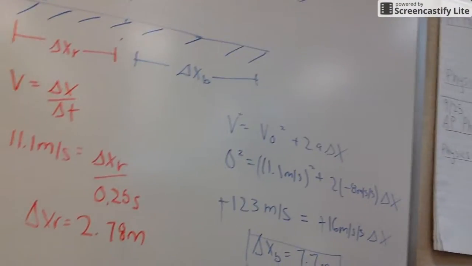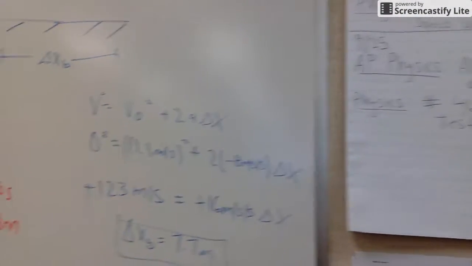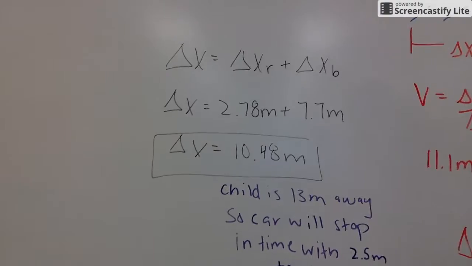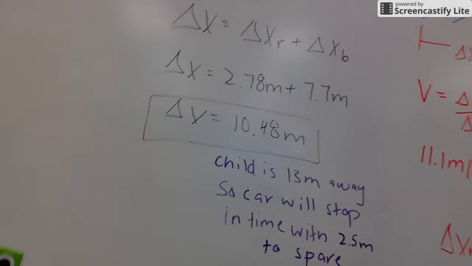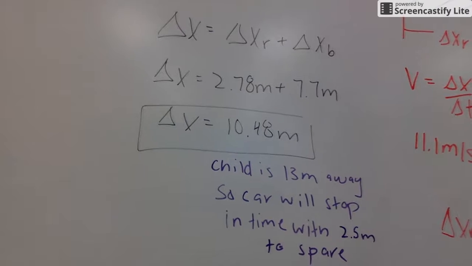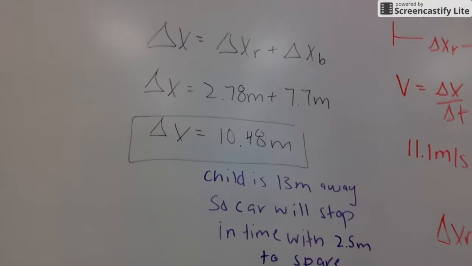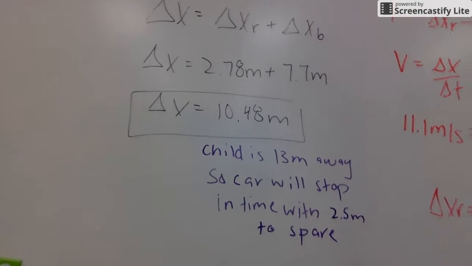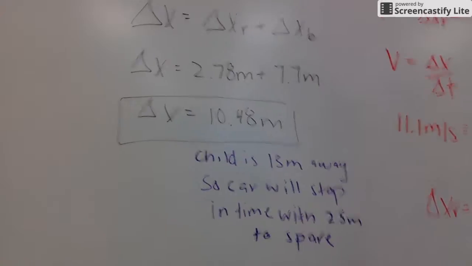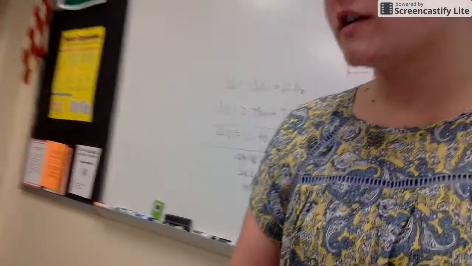Once you add those two values together, we're going to get 10.48 meters total displacement from your initial position. The child is 13 meters away from the initial position, so the car is going to stop in time, and it will actually have 2.5 meters to spare. So that is how you do number 64 in your textbook.